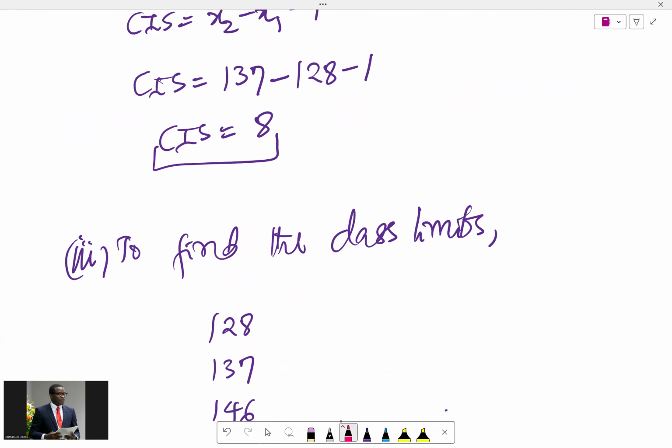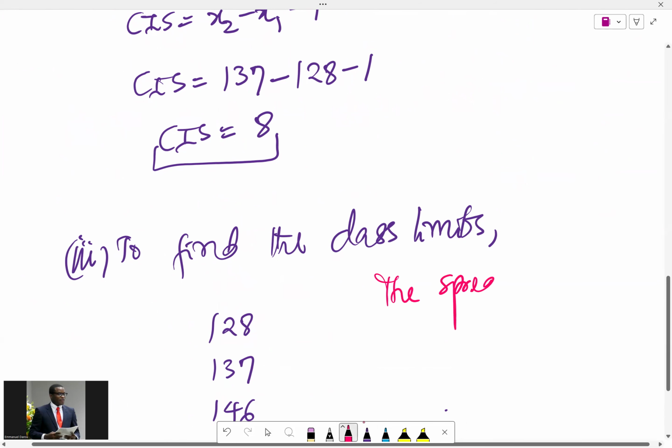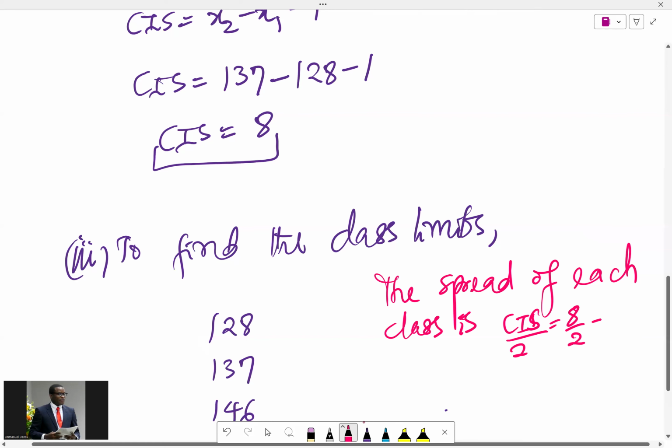So if you like, you can allow me to say the spread of each class is CIS, that's class interval size, which is equal to 8 over 2 equals 4.